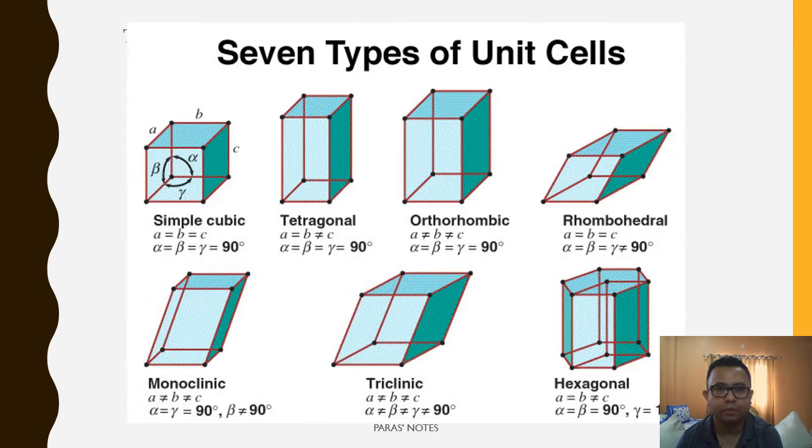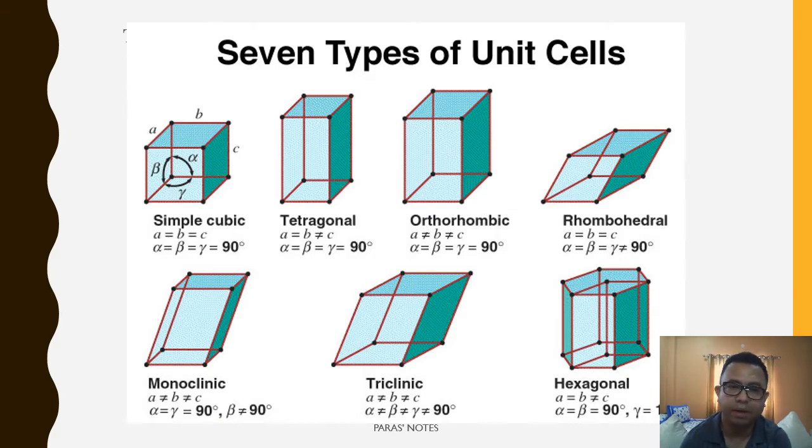Now if that is so, how many different kinds of unit cell are there? Based on the two parameters that we discussed, a, b and c, or alpha, beta and gamma, what you see on the screen are 7 different kinds of unit cell. The first one is a perfect cube. As you can see, a equal to b equal to c, that means length, breadth and height are all equal.